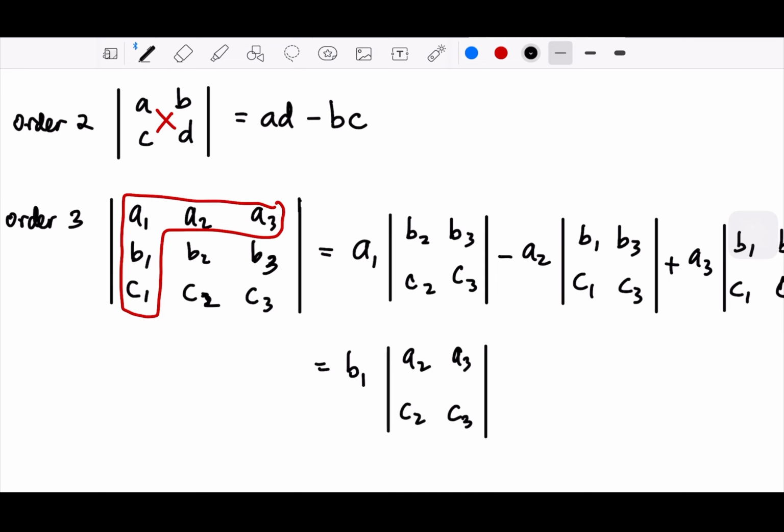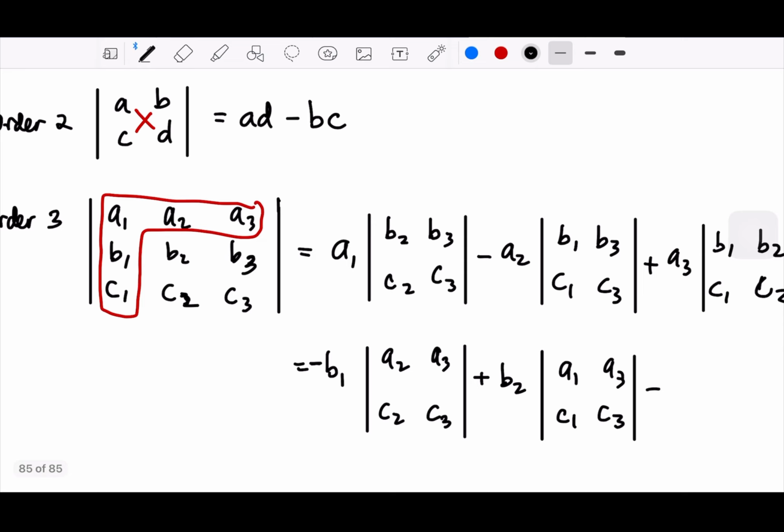But I think for B1 this will be negative, and for B2 is positive, A1, C1, A3, C3. And then minus B3, A1, A2, C1, C2.